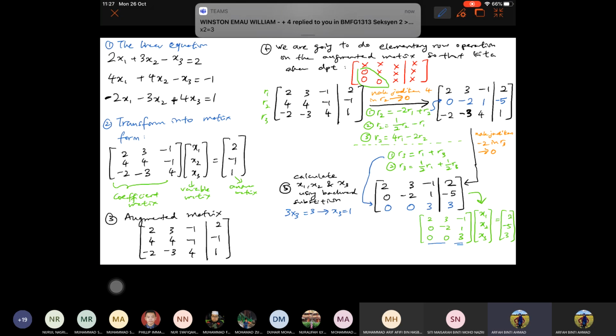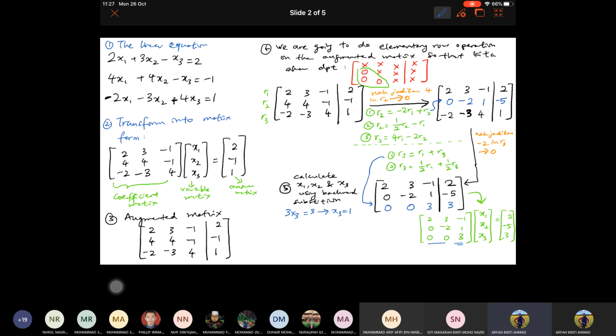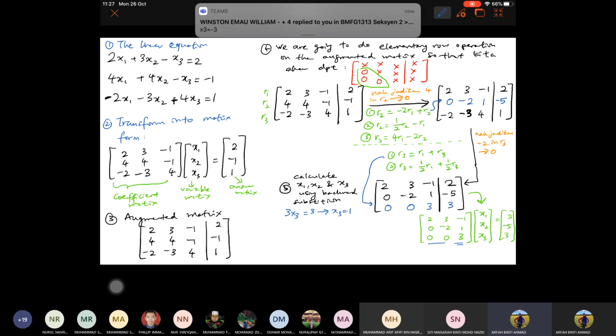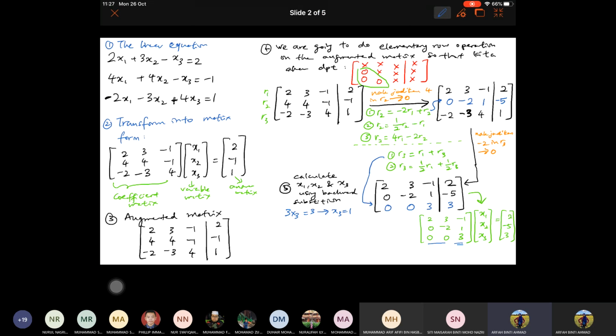Winston give the right answer. What about x1? Did anyone get x1? x1 equal to negative 3, not x3. Yes, correct. Winston. x1 is the one equal to negative 3. The one that we have calculated is x3. Okay. So, jawapan Winston betul.